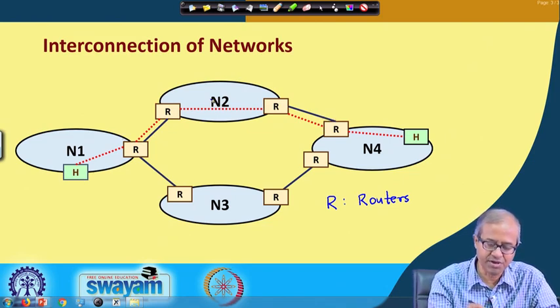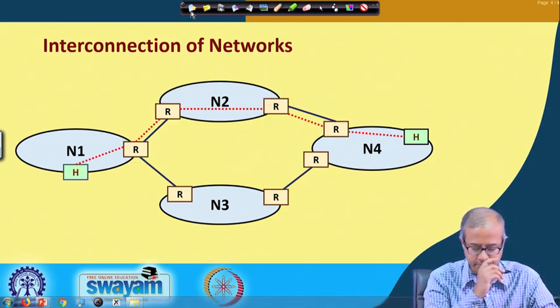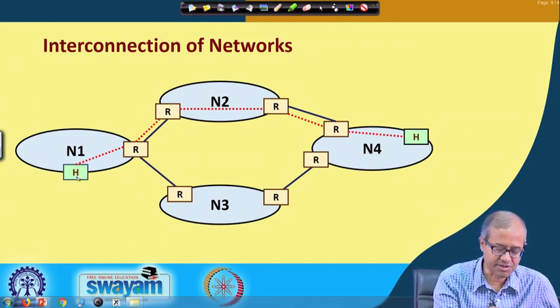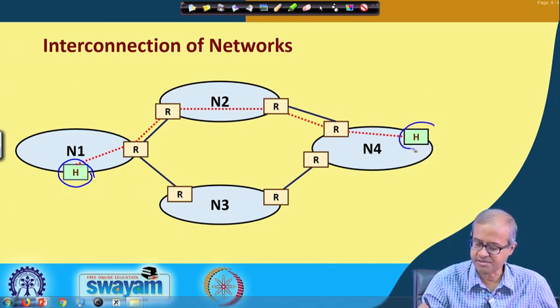For example, N1 and N2 are connected via these two routers, N2 and N4 are connected by these two routers, and so on, right. Now, suppose there are also some hosts, some computers connected to the network. Let us say I have one computer, a host H here, and there is another host here.